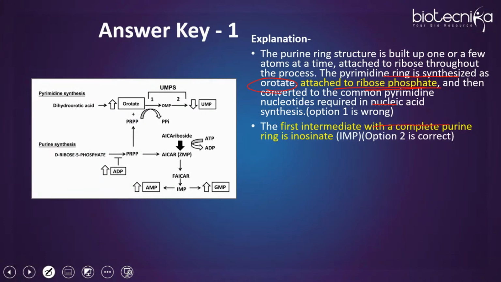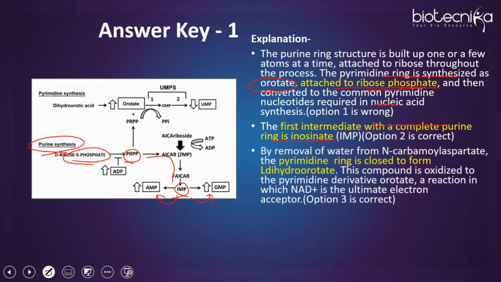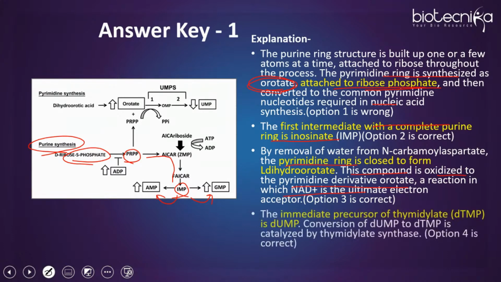The first intermediate with a complete purine ring is inosinate. As you can see, this is purine synthesis. From ribose pyrophosphate, you make PRPP, then one-by-one addition and all. It will lead to the formation of inosine monophosphate, which can convert into either AMP or GMP. And for the pyrimidine ring, the first ring completion is in the form of orotate, and later it will be oxidized to the pyrimidine derivative orotate, a reaction in which NAD is the acceptor.